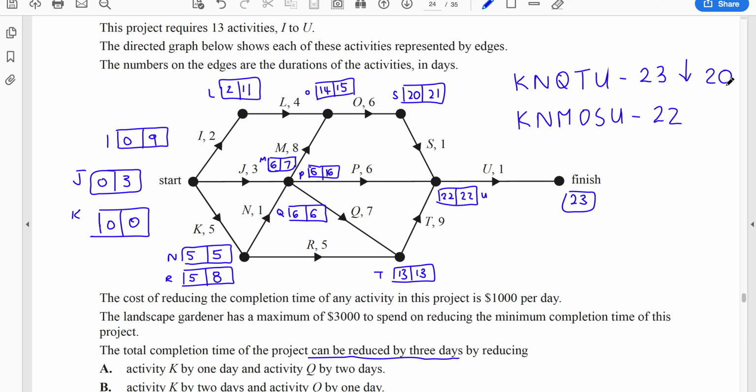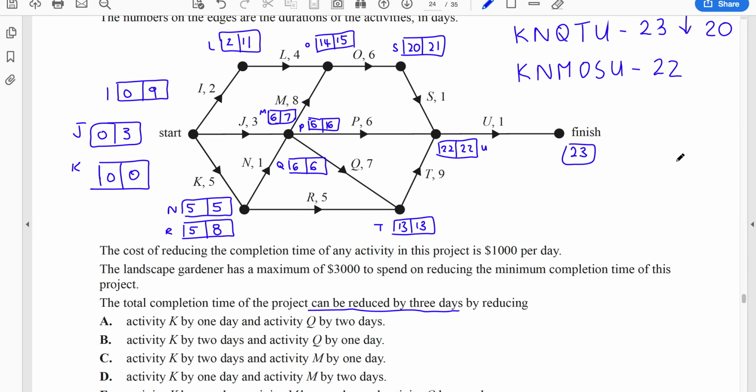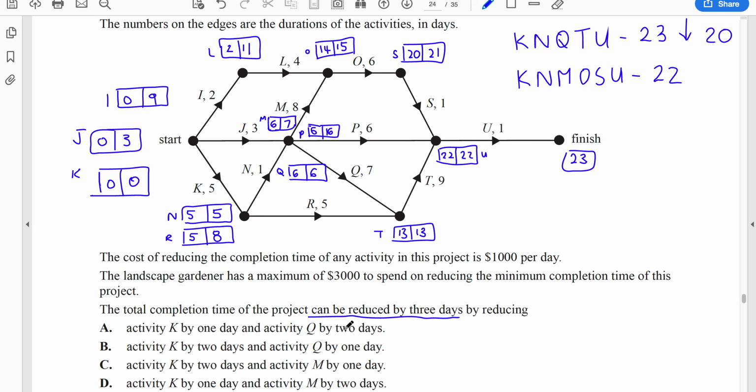So for him to reduce the minimum completion time, he must have brought it down to 20. That's the first step in working out how to answer this question, because what you could do is go through some of these answers and work out which ones might actually bring that down to 20.